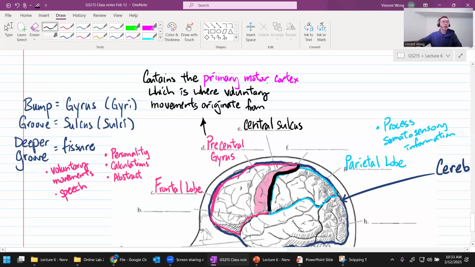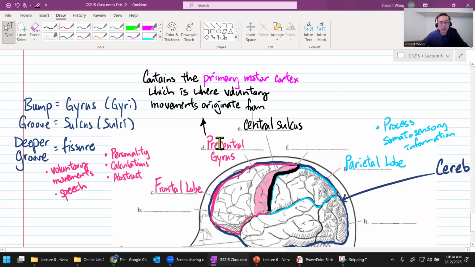Okay. So every time you deliberately move a body part, like right now, I'm moving my hands, I'm talking, blinking my eyes, all those things, and you're writing notes, all these are voluntary movement. It came from the primary motor cortex, which is located on the precentral gyrus.